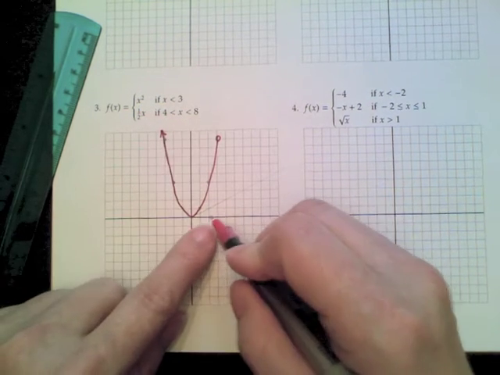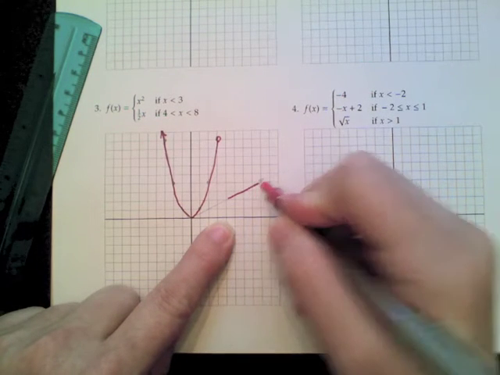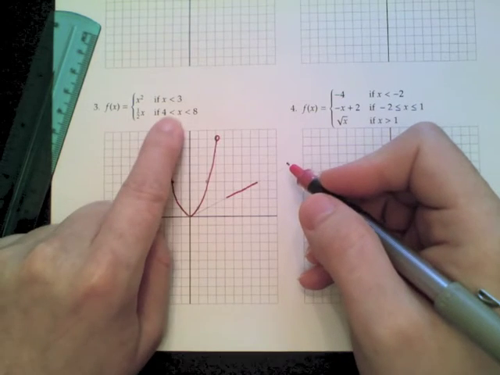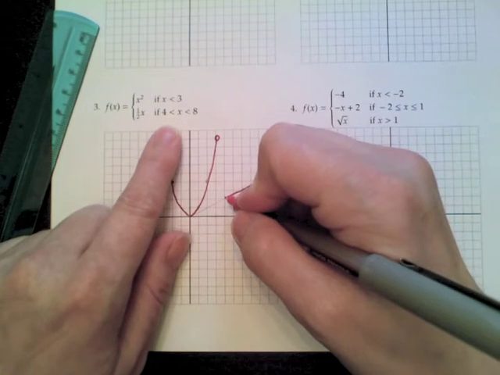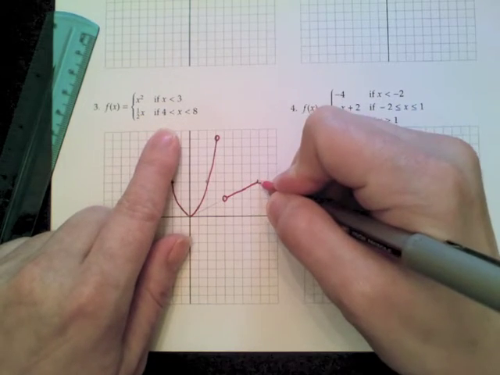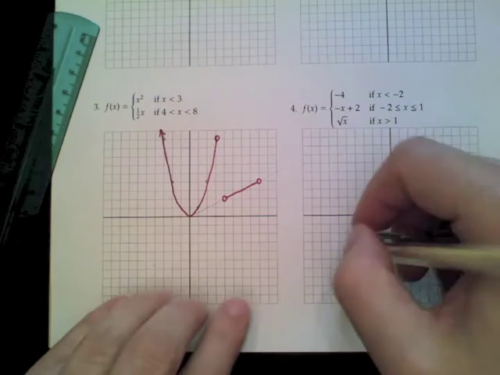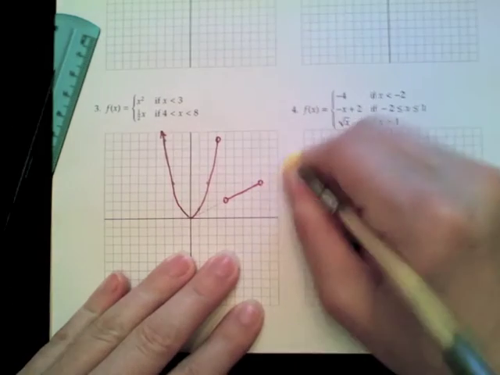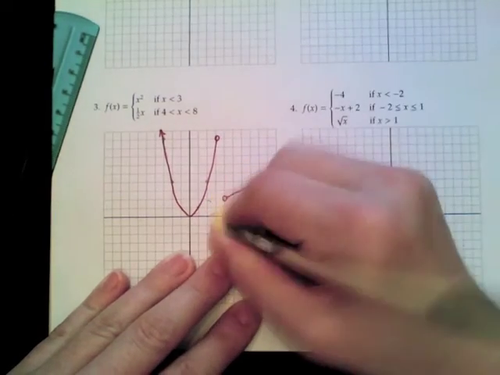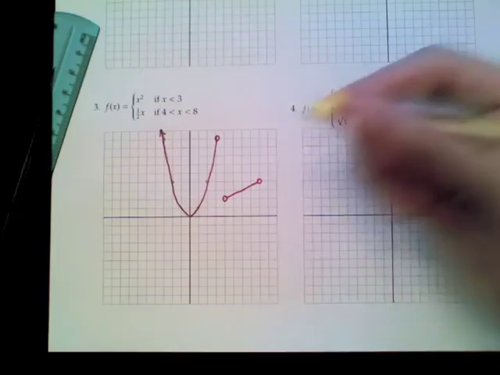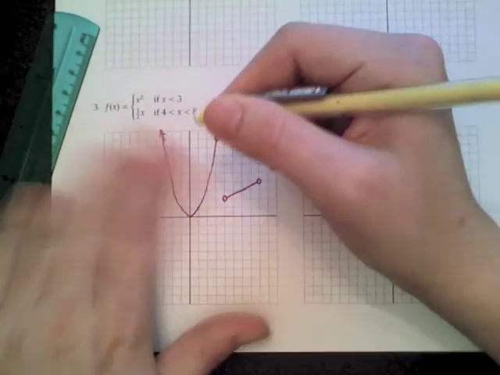So it's 2, 4, so I'll start here and go to 8. Notice that both of these are strict less thans, so I get open dots on both ends of that. And that's both pieces, so I can erase my helper line. If I wanted to, I could erase some of my helper dots, but that's fine to leave those.